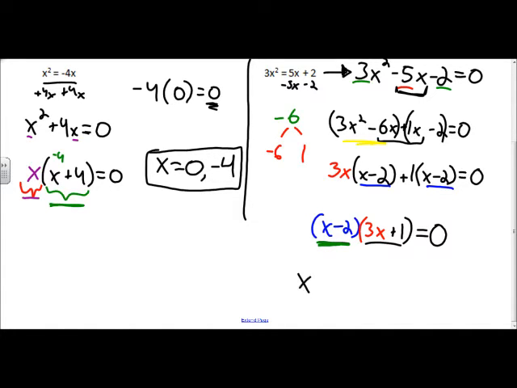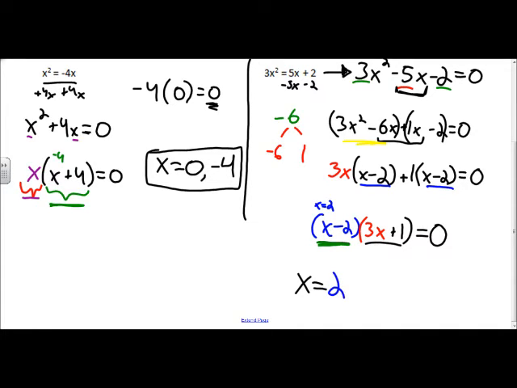So we would have x equals, the way to make this one 0 is our x has to be 2, because then 2 minus 2 is 0. That way we have one side being 0 times whatever number this comes out to be. 0 times 0 is still 0.